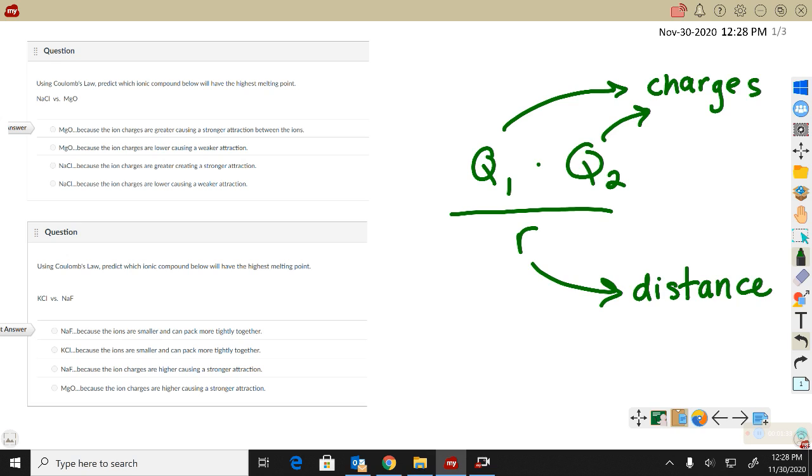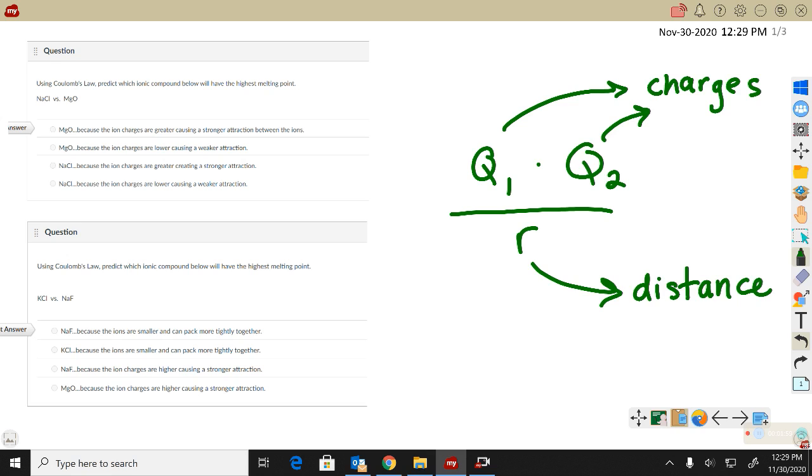So in question 1, using Coulomb's law, predict which ionic compound will have the highest melting point. And so melting involves separating the particles if we're going from solid to liquid. If I'm looking for a high melting point, that means that it melts at a high temperature. So I would think then that the particles are very strongly attracted to each other if it takes a lot of energy to separate them.